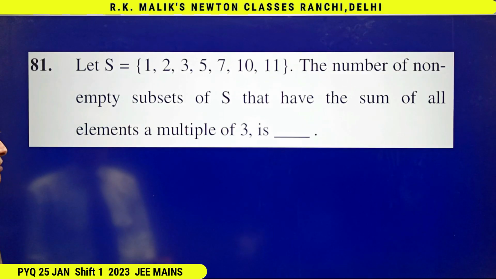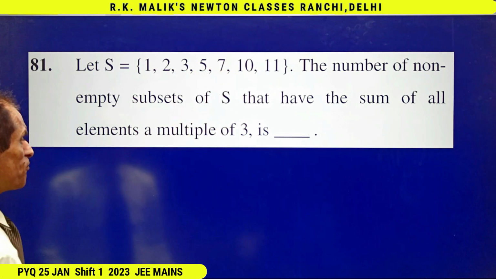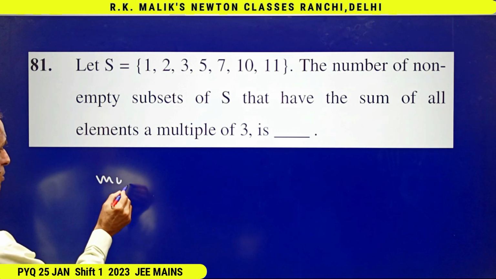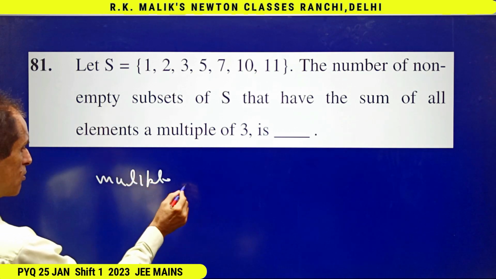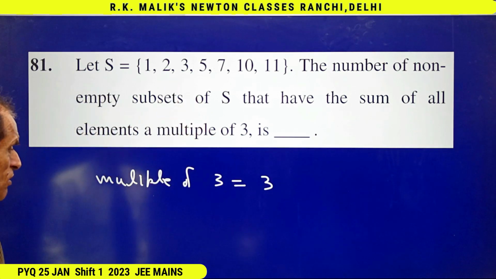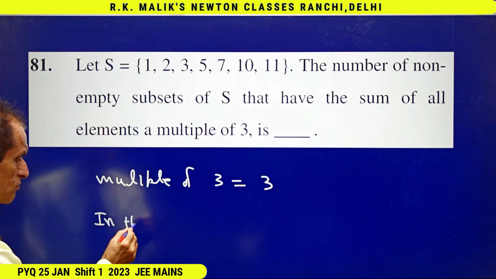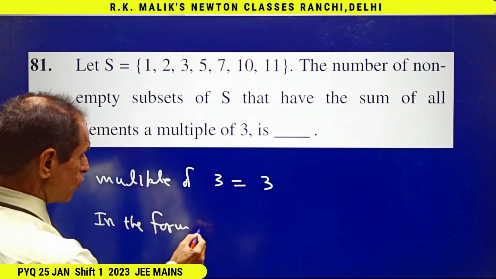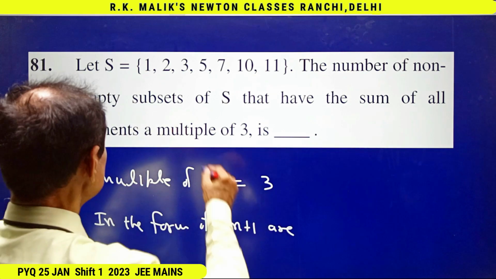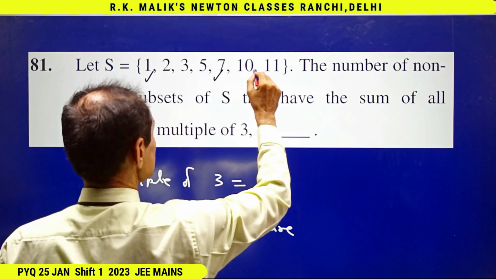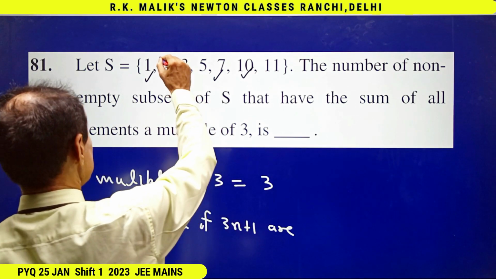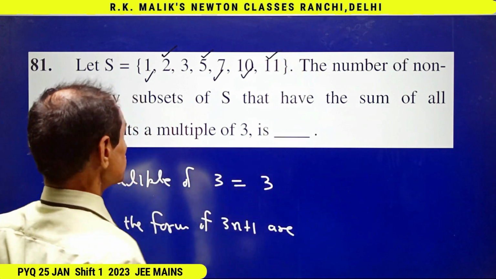It is clear that out of these, the number in the form of 3n, that is, a multiple of 3, is only 3. The numbers in the form of 3n plus 1 are 1, 7 and 10, and the numbers in the form of 3n minus 1 are 2, 5 and 11.